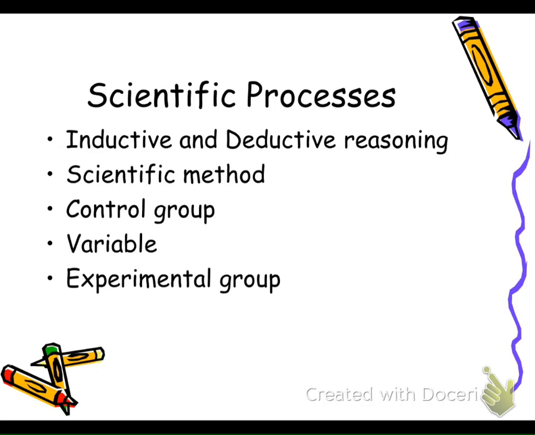Remember, there are two different types of variables, the independent and the dependent. The independent is what's being manipulated, and the dependent is what's responding to that manipulation. The experimental group is the one that's being tested by the independent variable. The control group does not have that testing.